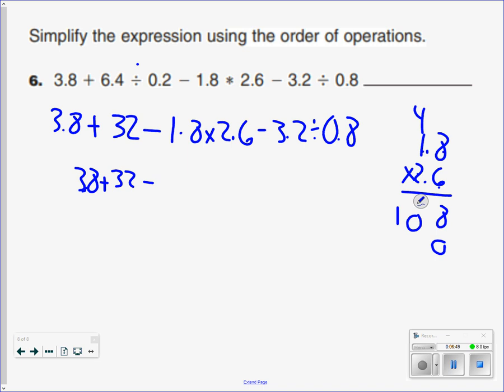Place value holder, 2 plus 8 is 10. 2 times 1 is 2, plus 1 is 3. Apologize, it is 3. Check my work here. Add this up. 2 numbers after the decimal. We got 4.68.